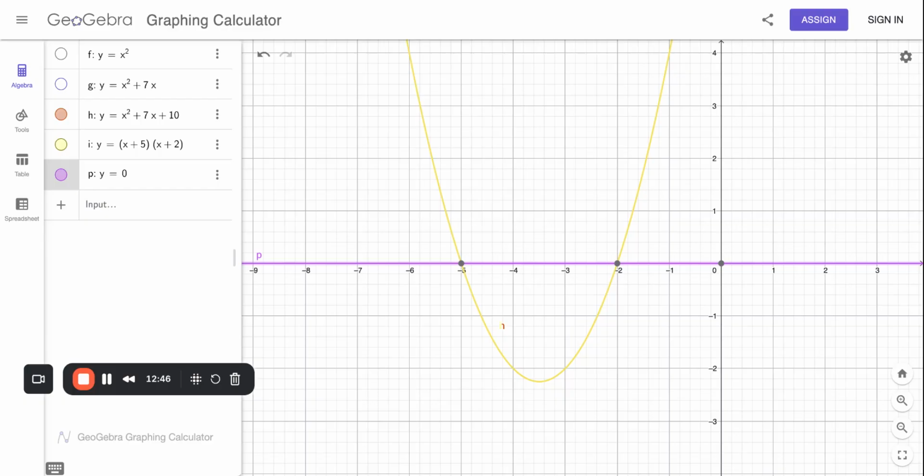And when you solve this, you would say, if this times this gives me 0, it happens when either this is 0 or this is 0 or both are 0. So if x plus 5 is 0, that means x is equal to negative 5.